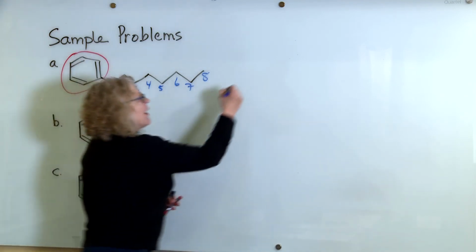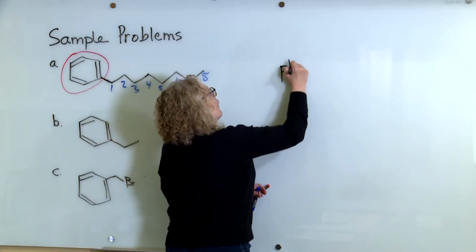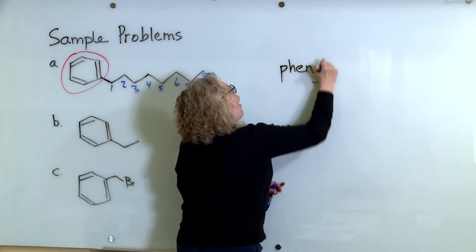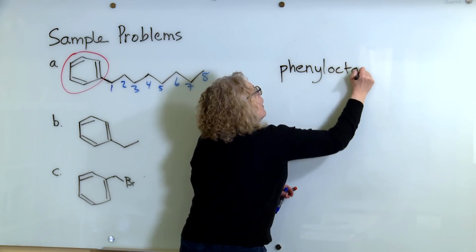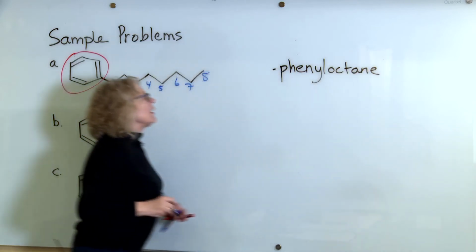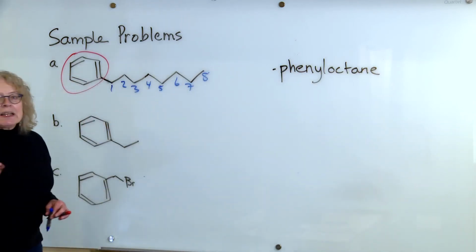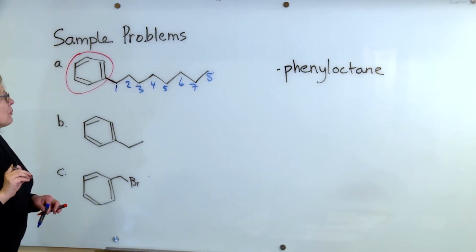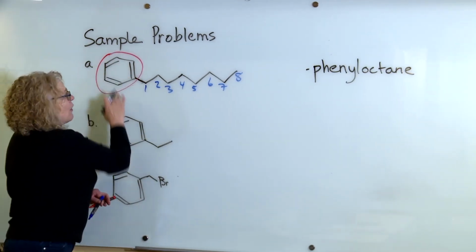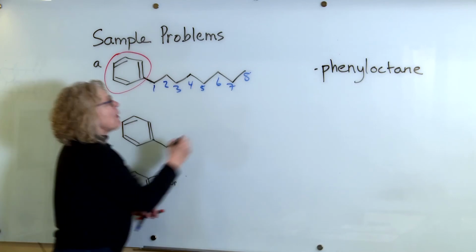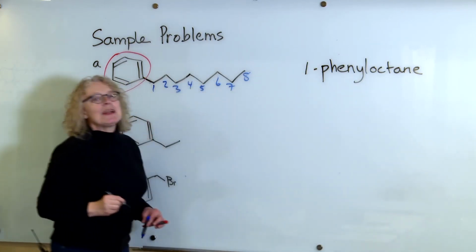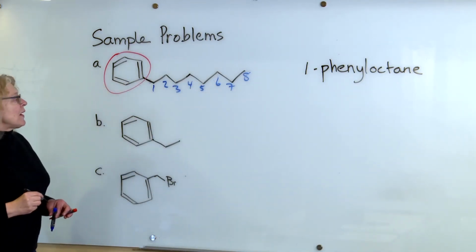So this is a phenyloctane. And even though the phenyl is at position 1, people often leave that 1 off, and you shouldn't, because there are other phenyloctanes that are not the same compound. So make sure you always put in the number: 1-phenyloctane.